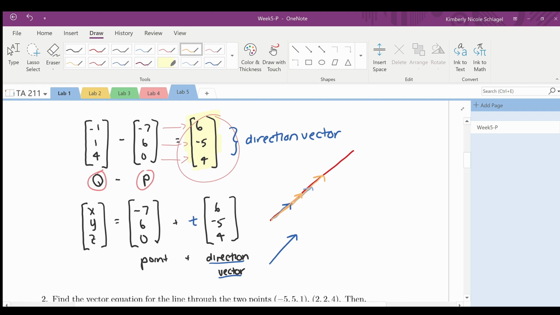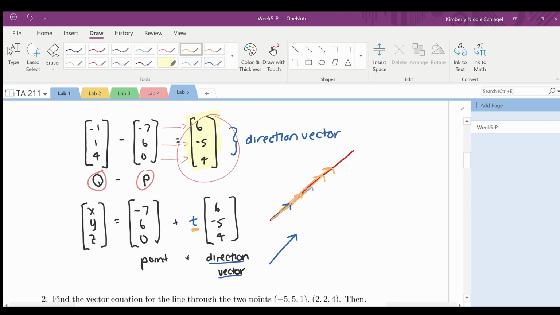So we can multiply this direction by any scalar. We can have scalar multiples and it's still going to represent the same direction, just scaled differently. So that's important that we remember to put this guy in there.